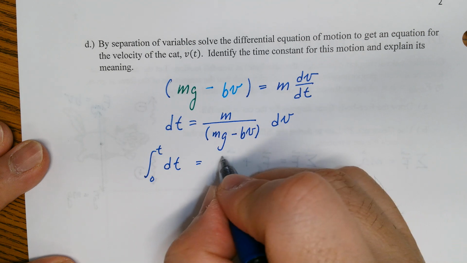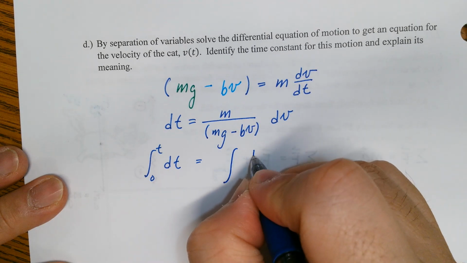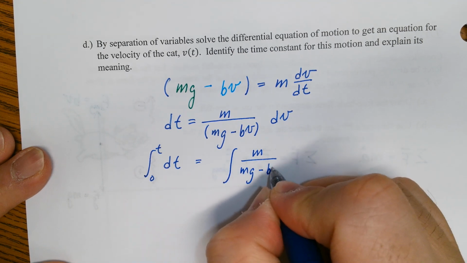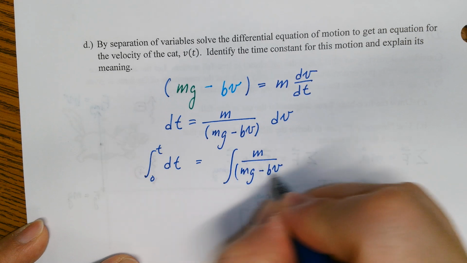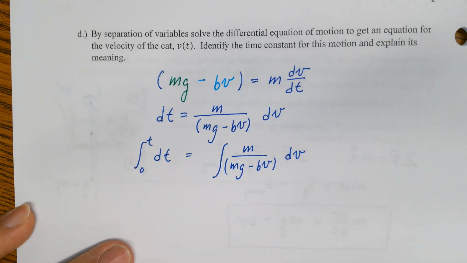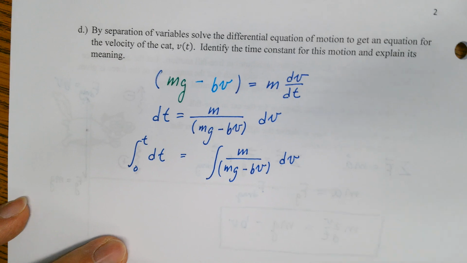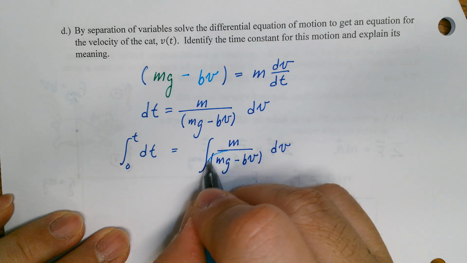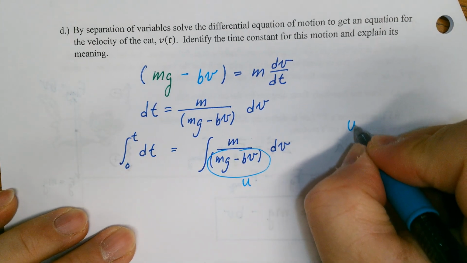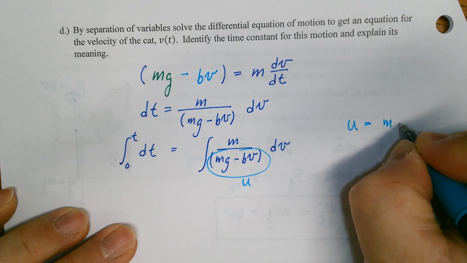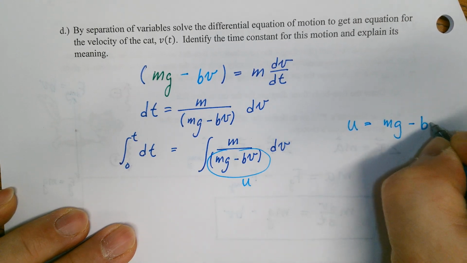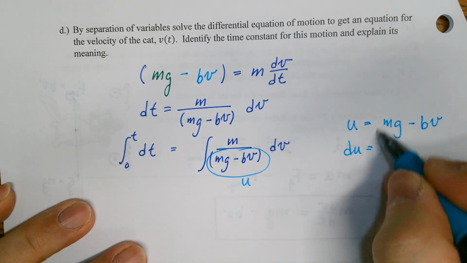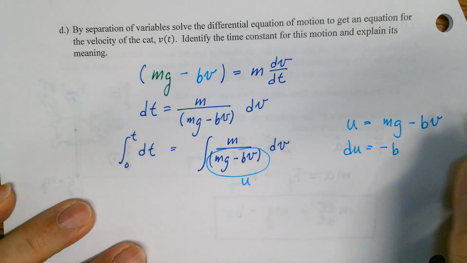However, when I integrate this side, I get the integral of m over (mg minus bv) times dv. Looks like I'm going to have to do integral by u substitution. So I'm going to consider this whole thing to be u. My u is equal to mg minus bv. du is equal to, well, this constant goes to 0, minus b dv.